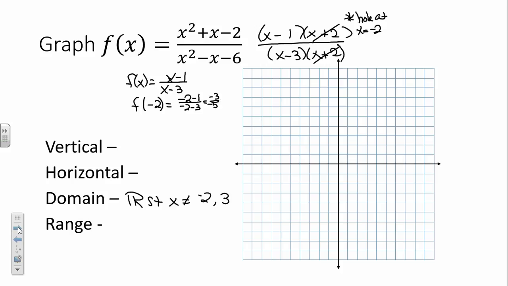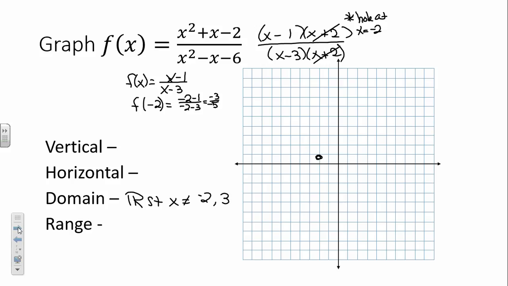So at -2, we'll be up here at a positive 3/5. And we're going to put an open circle there. Otherwise, we'll forget. Okay? This only happens when we can cancel.